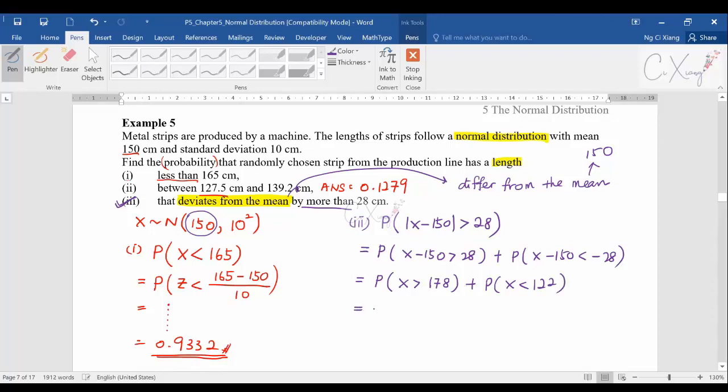Okay, so again, standardize it to become z. How do you change it to become z? It will become 178 minus 150 divided by the standard deviation, then plus z smaller than 122 minus the mean divided by the standard deviation.